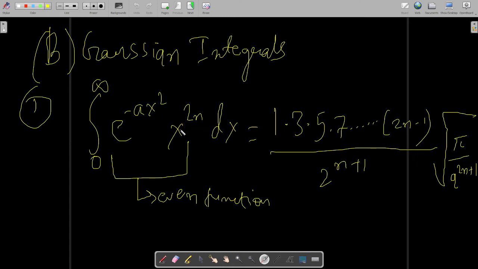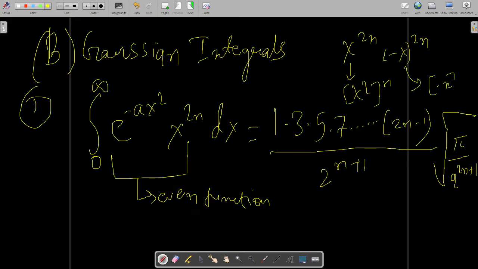When the power is even and minus x is put in its place, I can write this as x square to the power n, and this as minus x square to the power n.